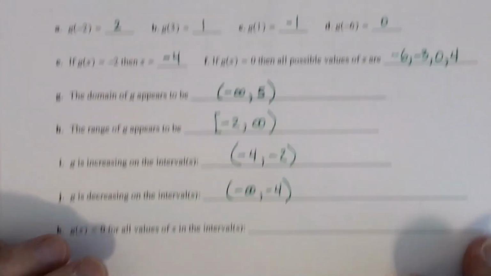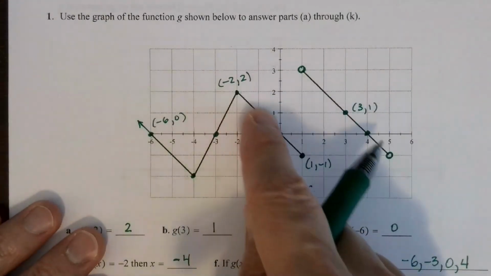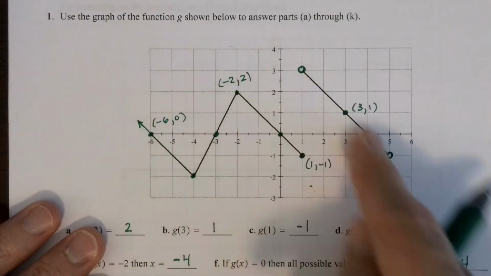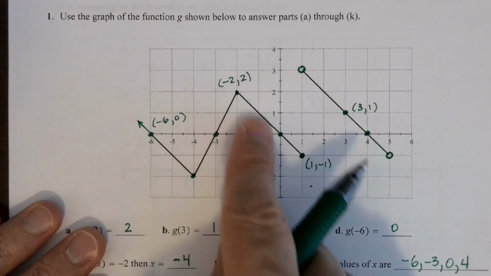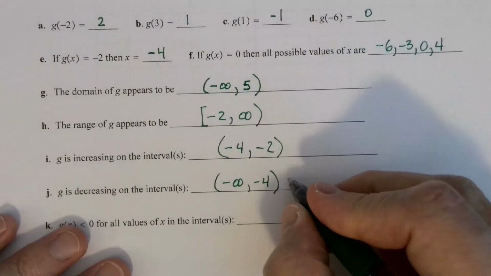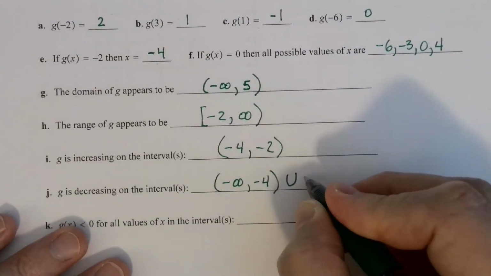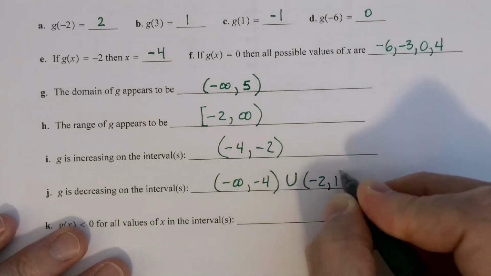But that's not the only interval where we're going down as we go from left to right. We're also going down from left to right here, and then again here. And so from here to here, x equal what? -2 to x equal +1. I'm going to use my union, from -2 to +1.